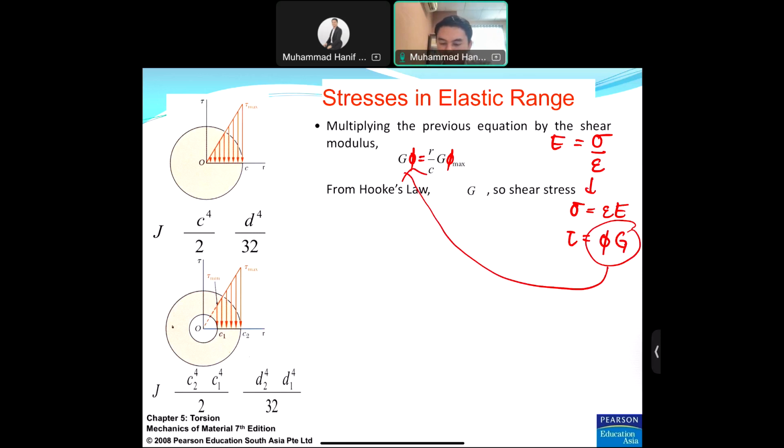So if you compare with the rhombus shape, tau must be equal to r over c times G phi maximum.